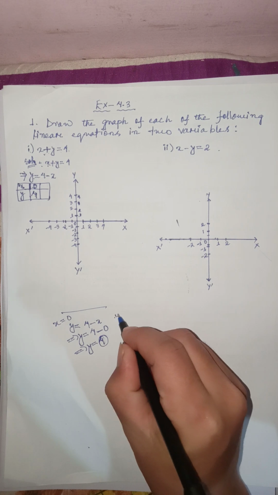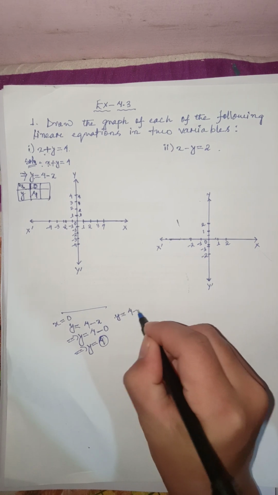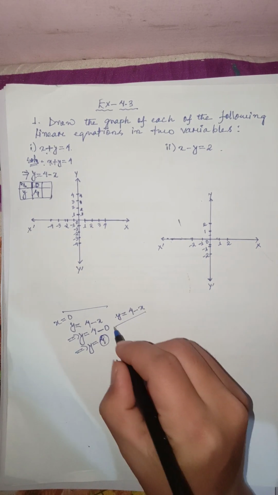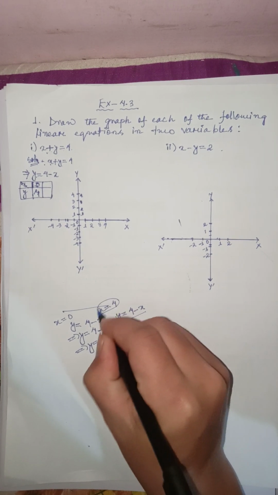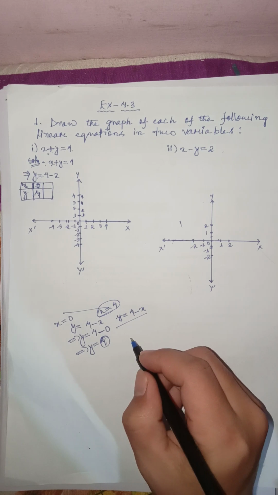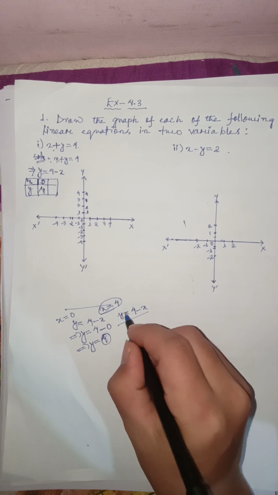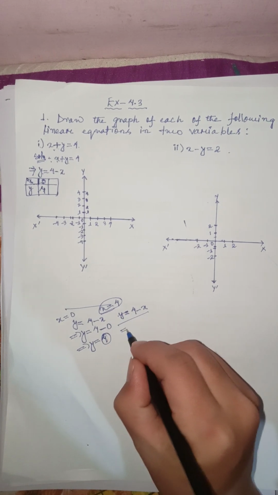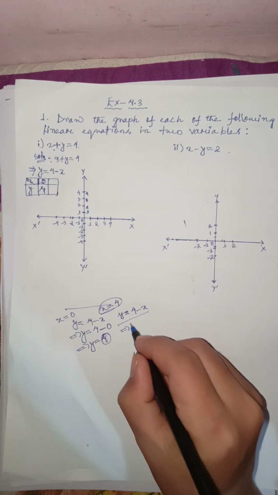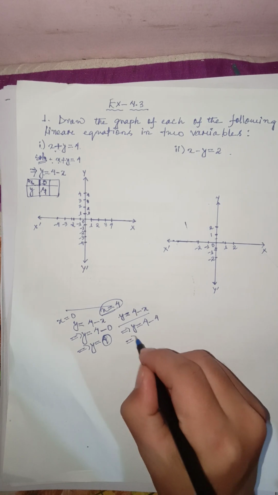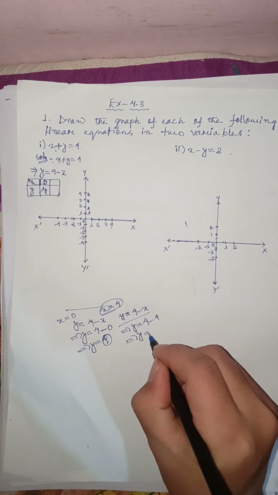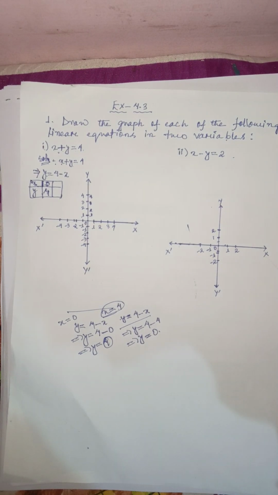Let us move to the second. Now we have y equals 4 minus x. Here let us assume x as 4, so that our calculations will be simpler. It is 4 minus 4, and if you subtract 4 from 4, the remainder will be 0.